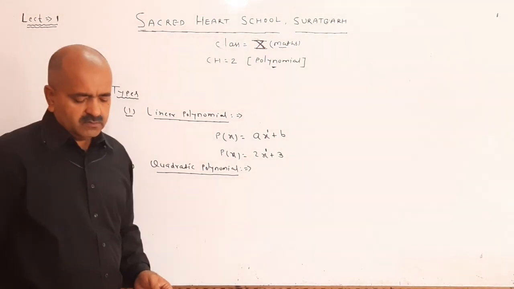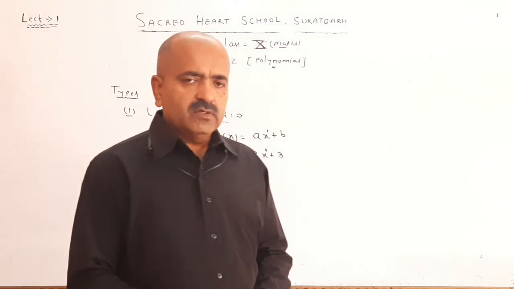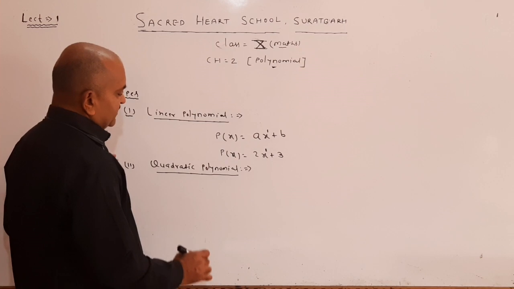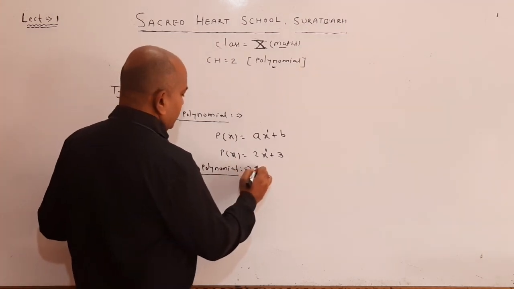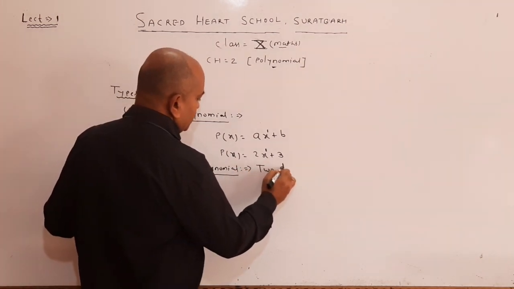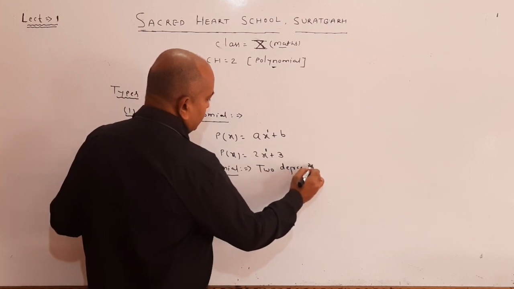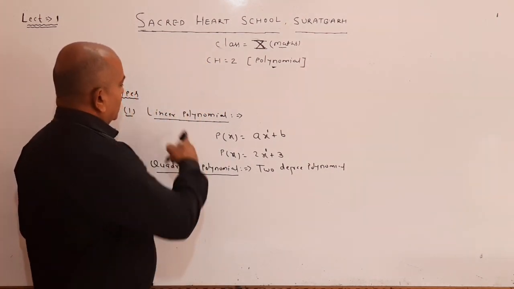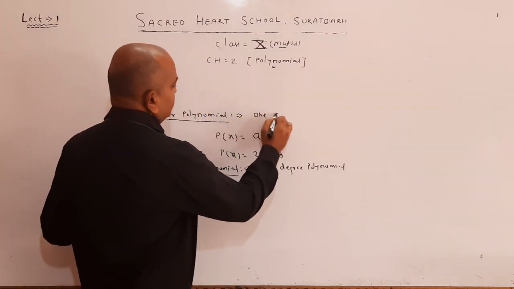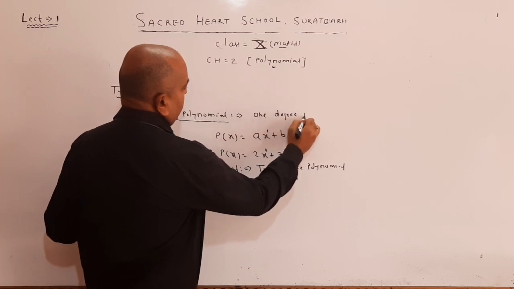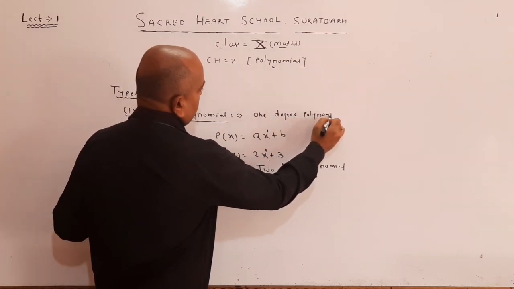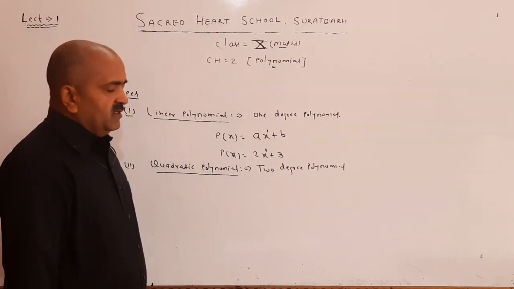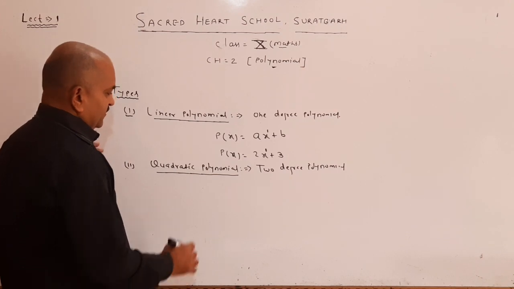Simple definition: a 2 degree polynomial is a quadratic polynomial. A linear polynomial is a 1 degree polynomial, and a 2 degree polynomial is a quadratic polynomial.